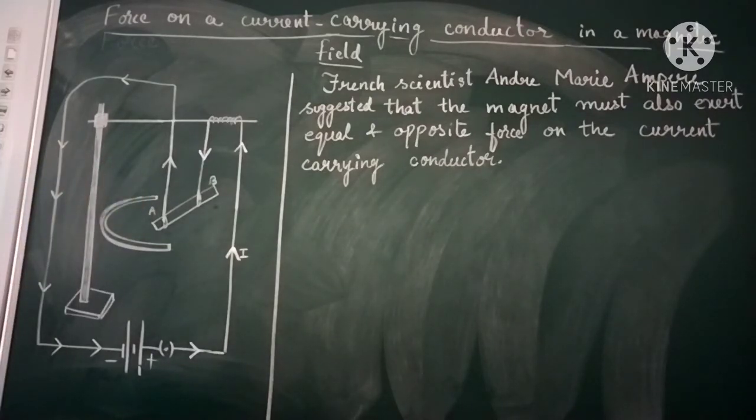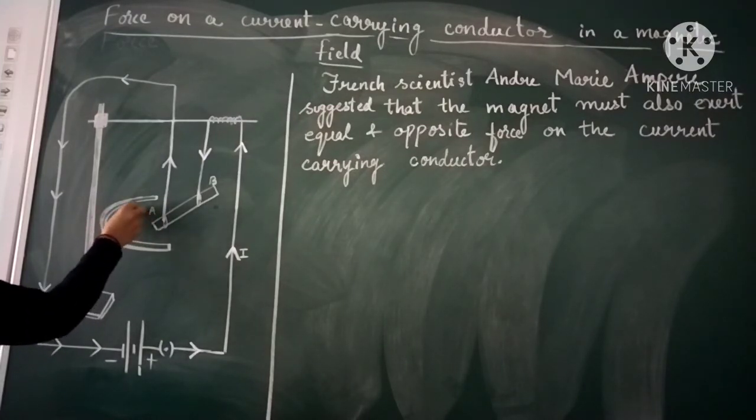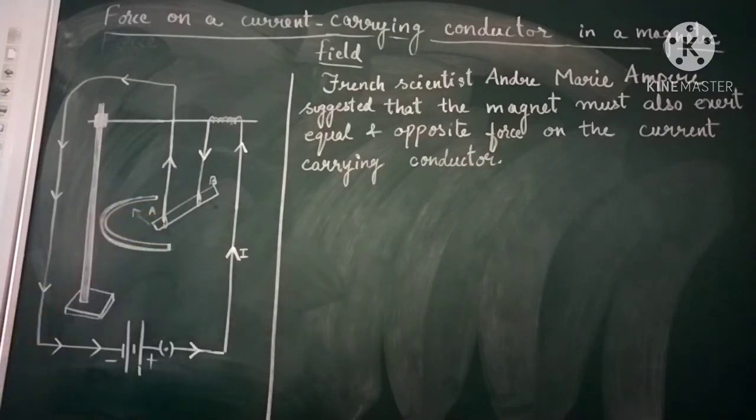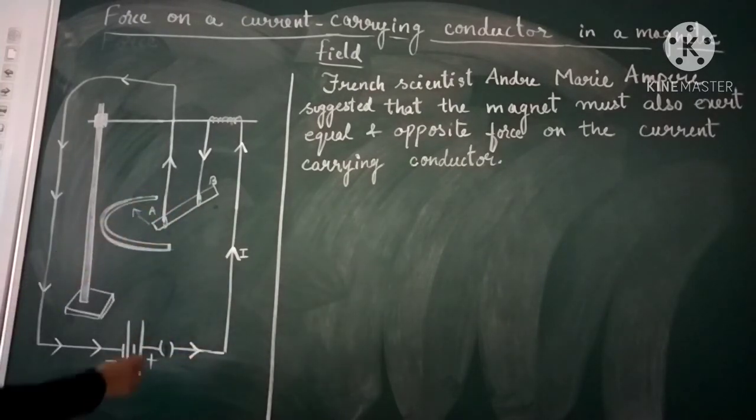What we see from the experiment, after this observation, is that as soon as the current is switched on, it gets deflected from its position and it moves somewhat in this particular direction. So as soon as we switch off the current, suppose the plug is open and there are no arrows marked over here, the current is not moving, then in that condition it comes back to its original position.